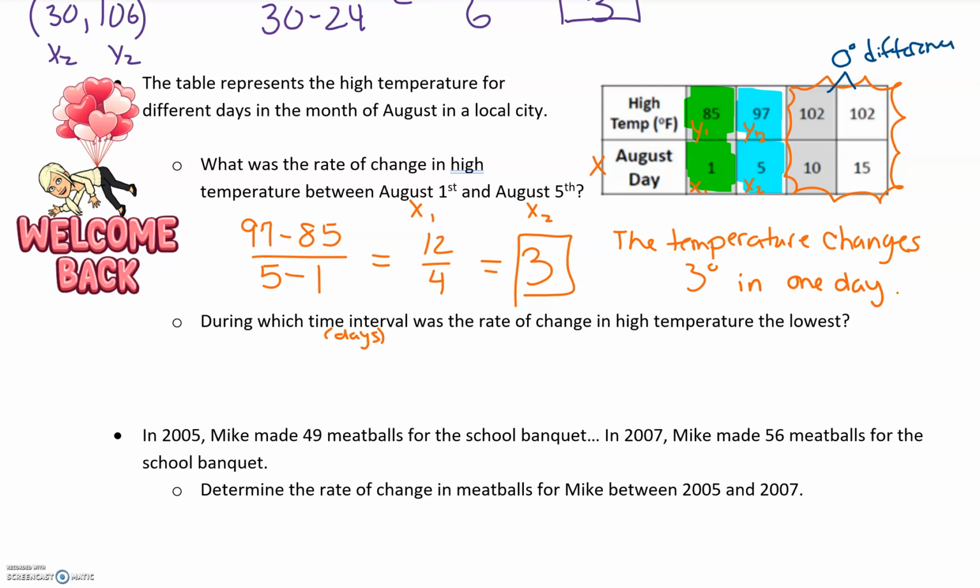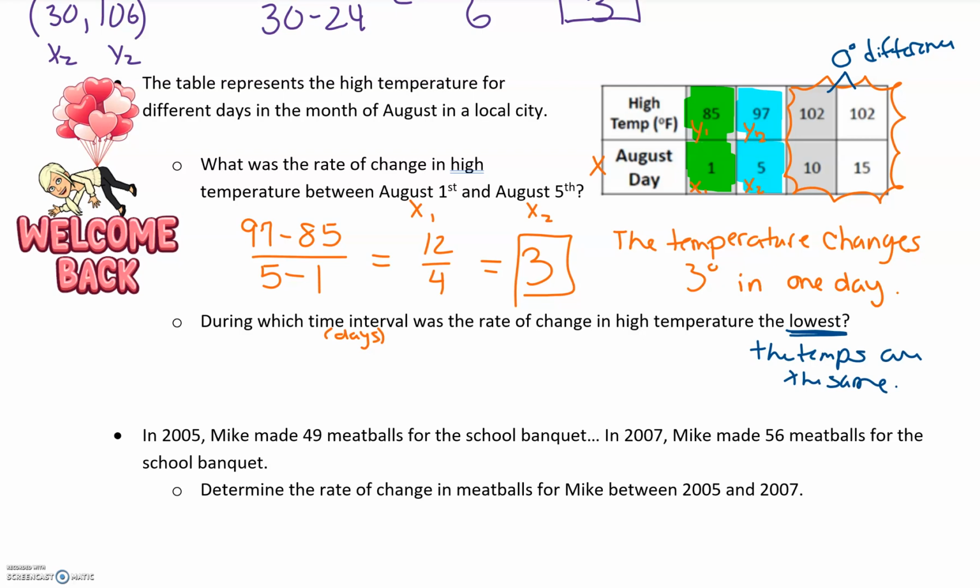So we want to know where the rate of change in the temperature was the lowest. Well, if the temperature is not changing, then that should be our lowest because it stayed the same. The temperatures are the same. So let's write the interval for that. Well, the interval, remember, is the days.